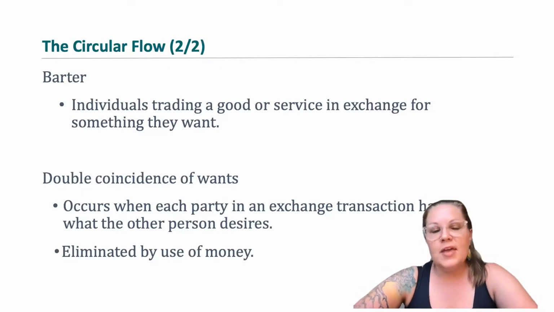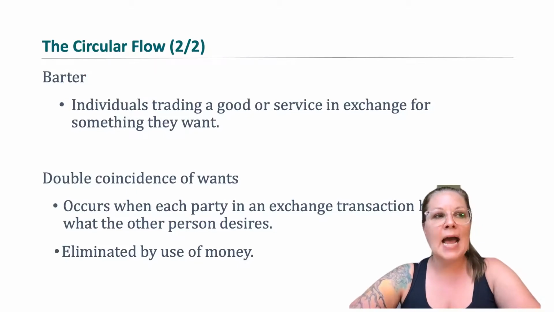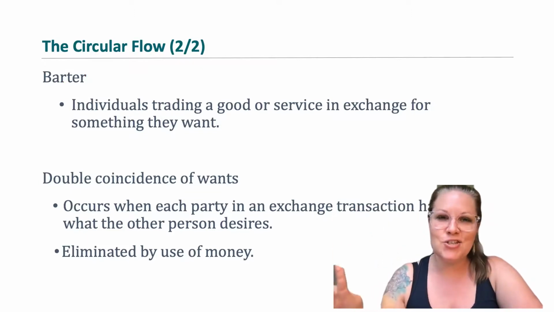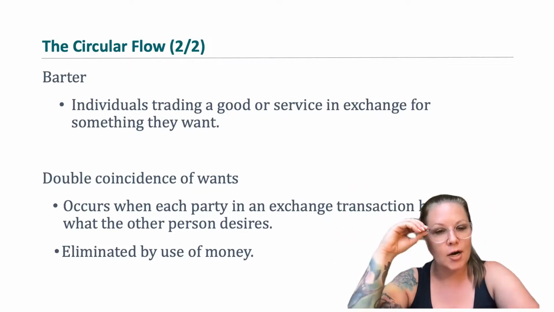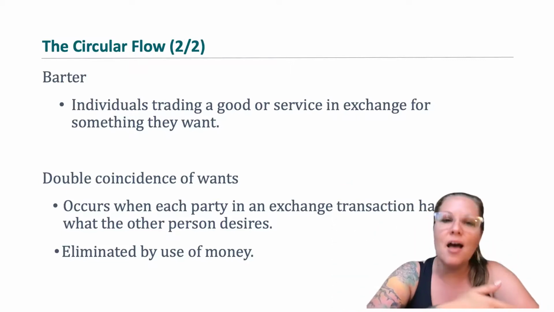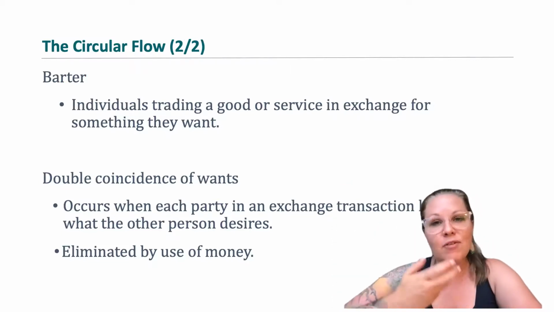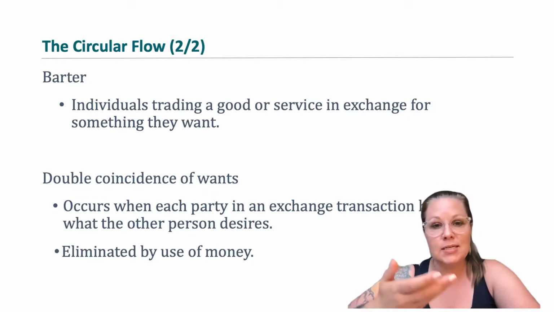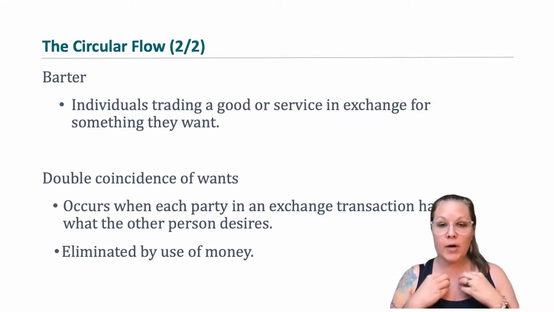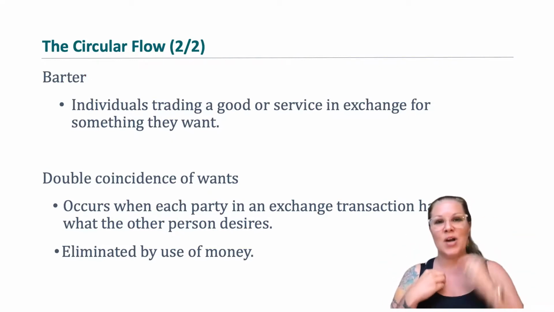The other thing about the circular flow diagram is that we now use money, particularly to avoid the situation of having to barter. Barter meaning that I would provide a good or service in exchange for another good or service. But what that requires is what's called a double coincidence of wants. I actually have to find the person who wants what I have and who has what I want.